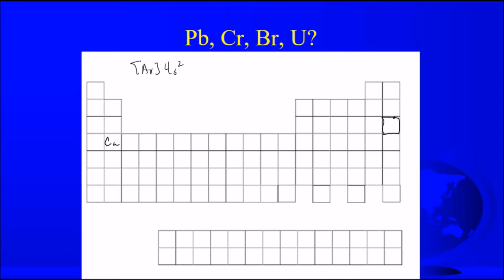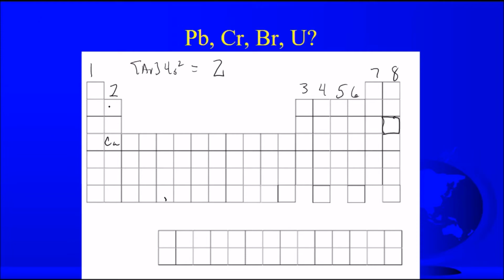So, how many s or s and p electrons do you have? 2. That's it. So, if you think about it, there are only 8 columns: first, second, third, fourth, fifth, sixth, seventh, and eighth.